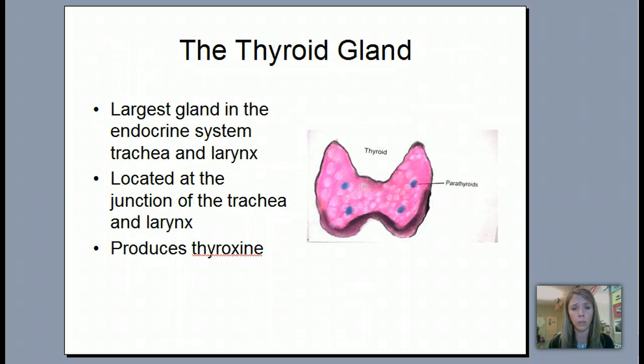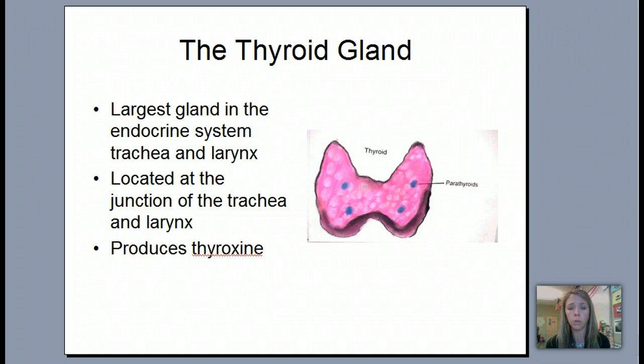And then my thyroid gland, the last one. We kind of went backwards: we went pituitary, then our adrenal glands, then our pancreas. Now we're moving back up the body to our thyroid. This is the largest gland in my body, even bigger than the pituitary that regulates it. It's located by your trachea, your larynx, and your throat, and it produces thyroxine.